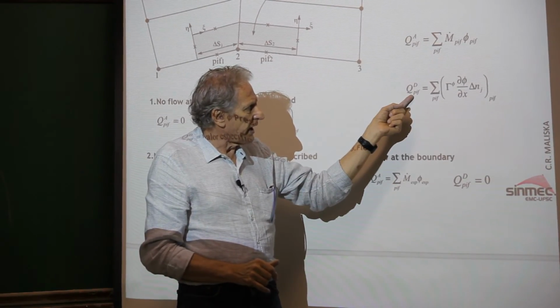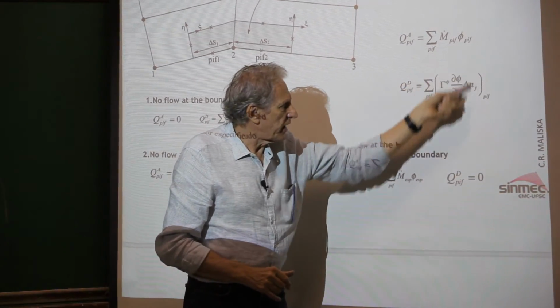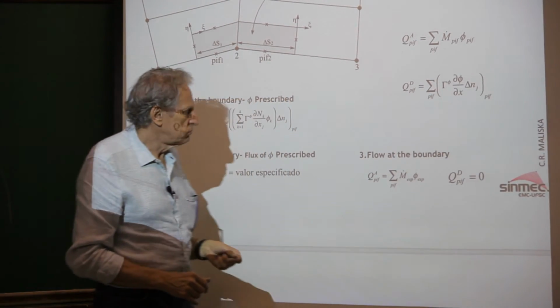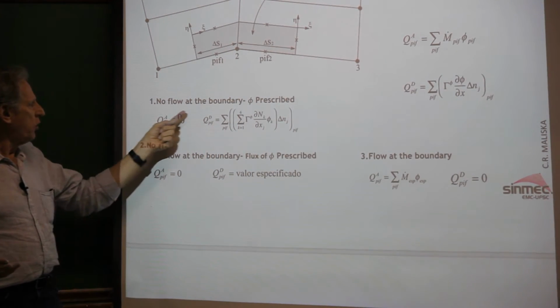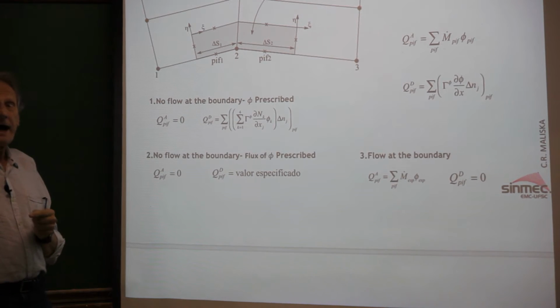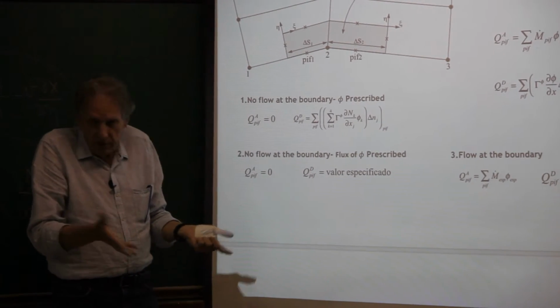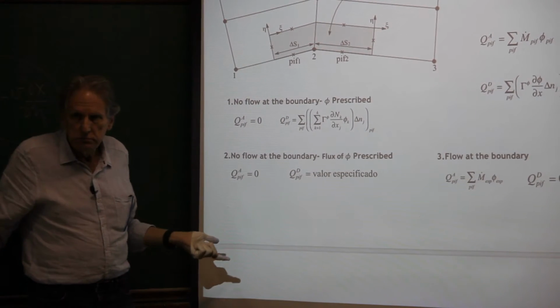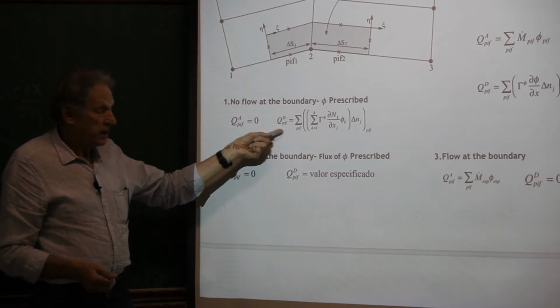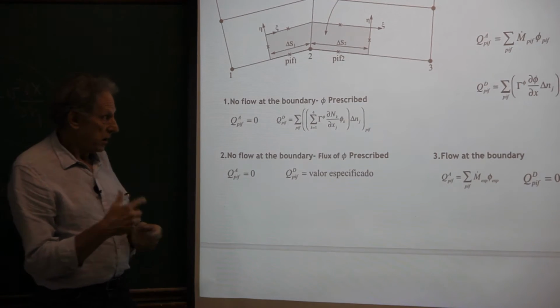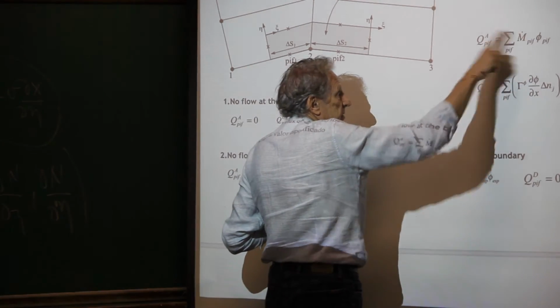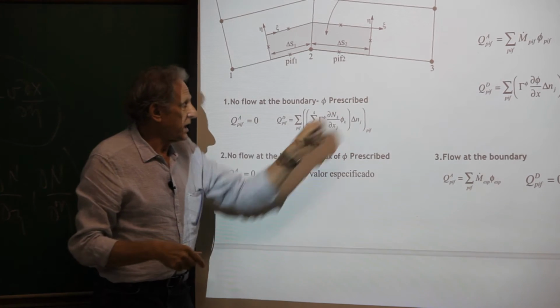This is diffusion of phi, the gradient. But of course, no flow at the boundary, and phi is prescribed. So the advection through the boundary is zero, no flow. But there is a diffusion using the prescribed phi.